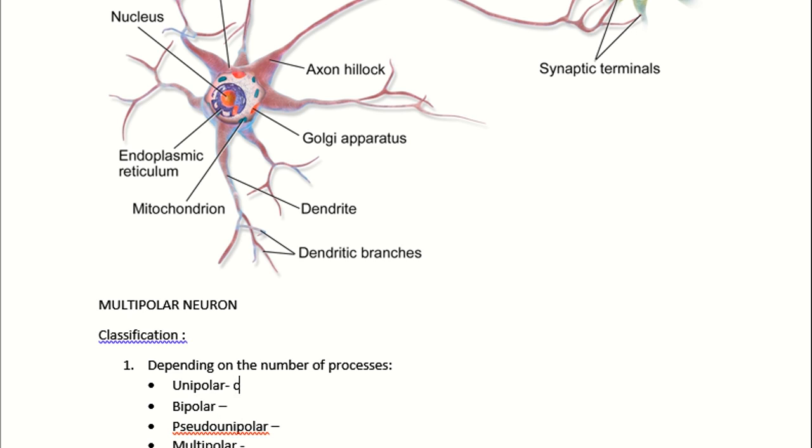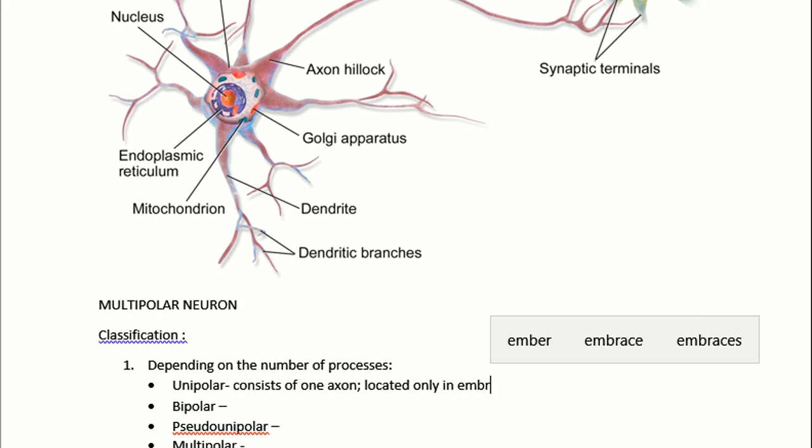Unipolar consists of one axon and is located only in embryos.